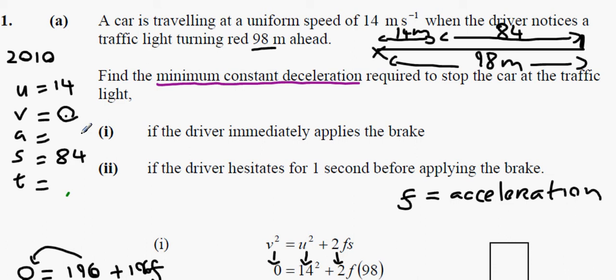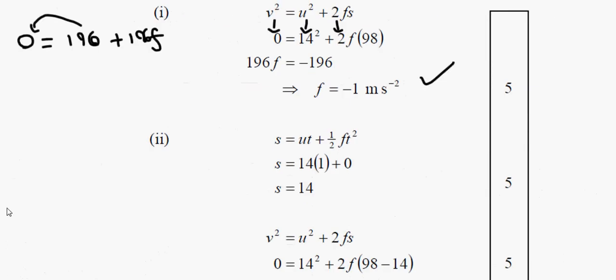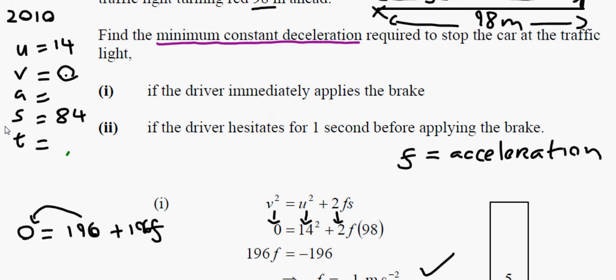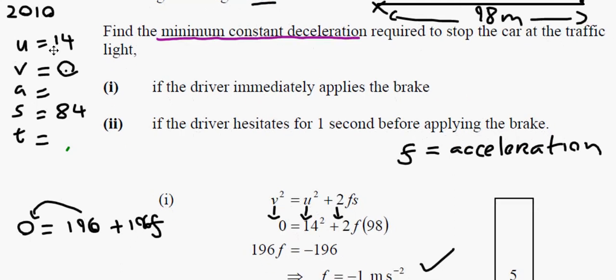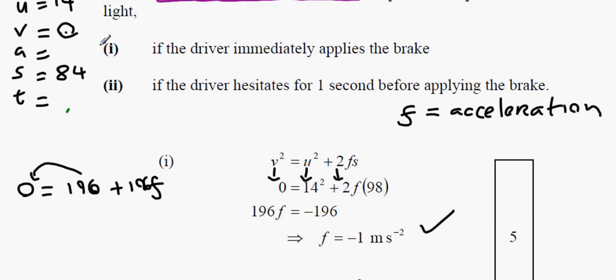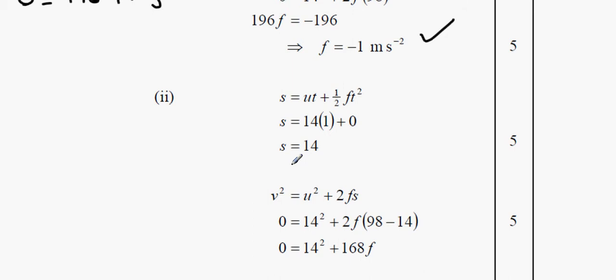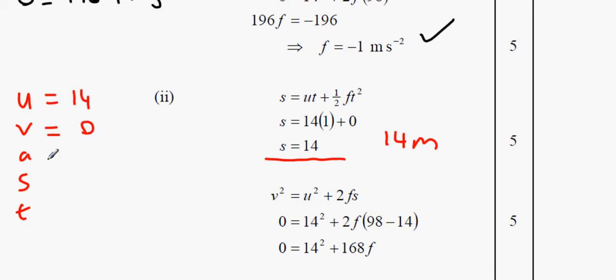So u is 14, v is 0, a is the target that we're looking for, and 84 is the distance.